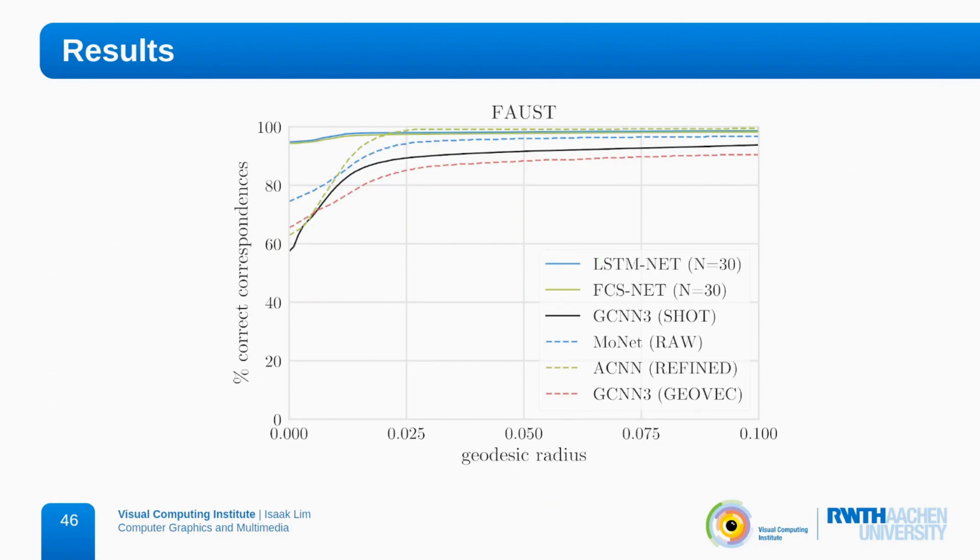And of course, as we increase the geodesic radius, this percentage rises. Shown below are the other approaches that work on curved surfaces that have been proposed in the past.